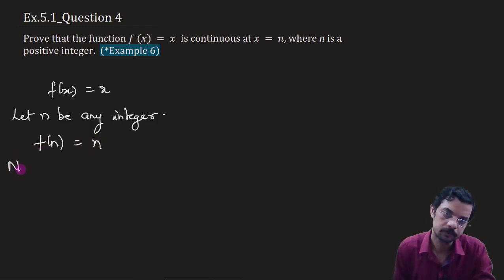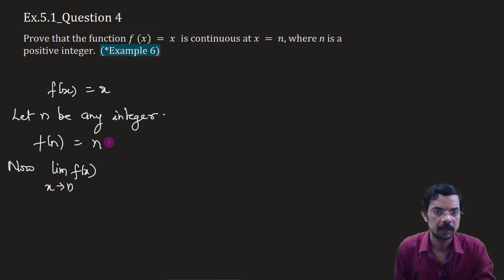Now if the limit of this function f of x for x tends to n will be equal to n, in that case the function becomes continuous at n.